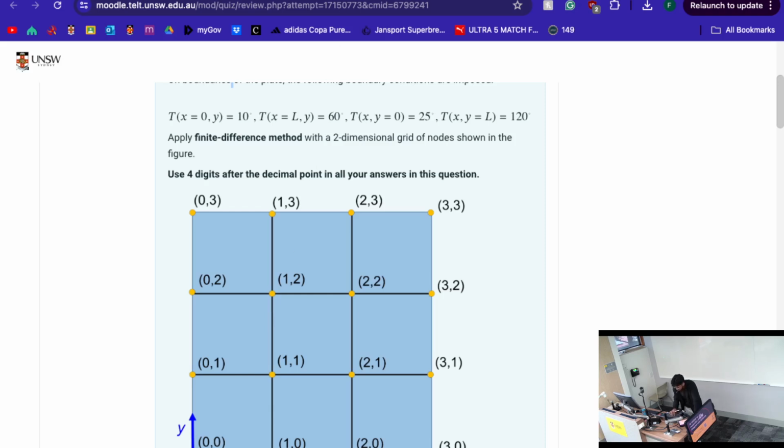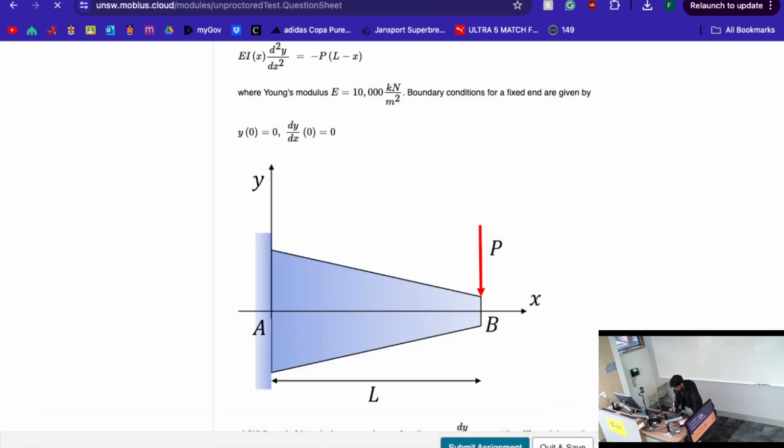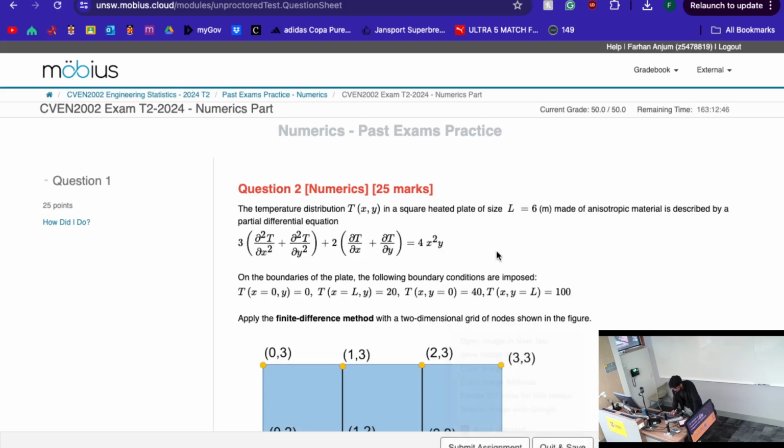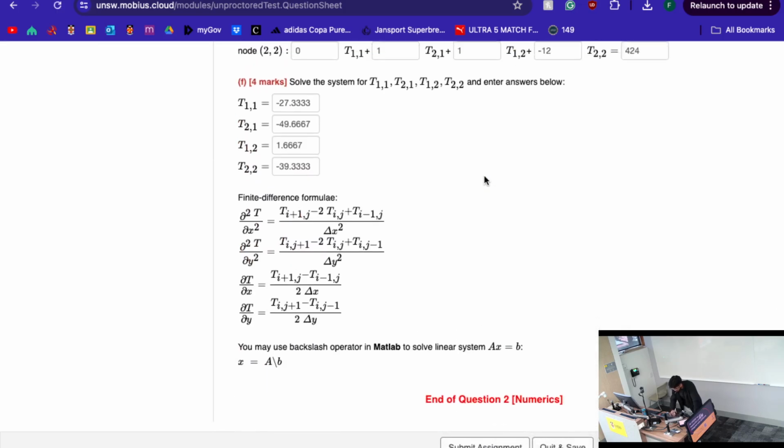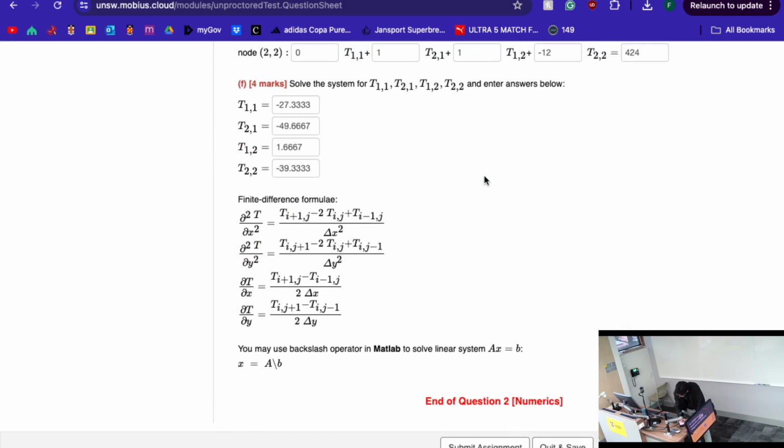I'm gonna use the formulas back here. T of I plus 1 j, T of I minus 1 j, over 2 delta x.